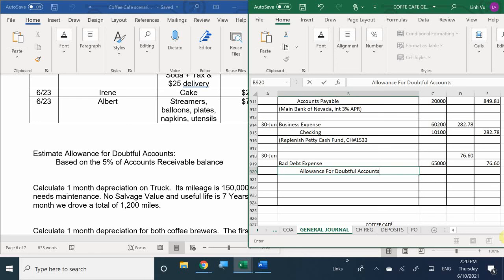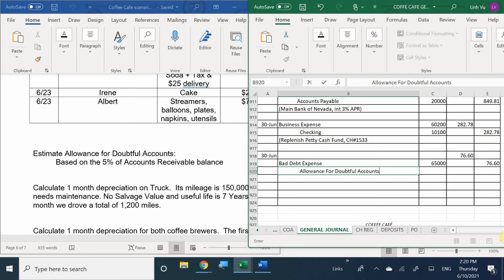But let's say we find out for the next month, Katie decides to not pay us and we go after her and she refuses to pay us. Then we're going to debit the allowance for doubtful accounts, which then, when we do our bad debt, we already have an account balance in there.